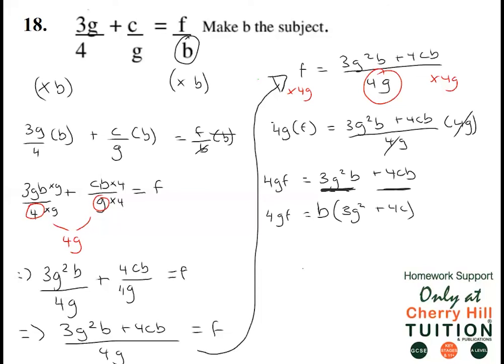And now this is the only thing stopping the b from being on its own. So right now it is multiplying by the b. In order to eliminate this, we need to divide by this. And we do this on both sides of the equation.